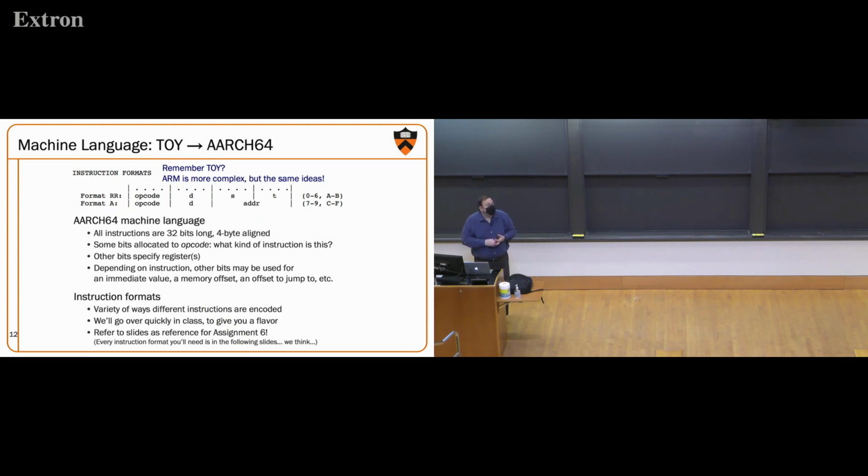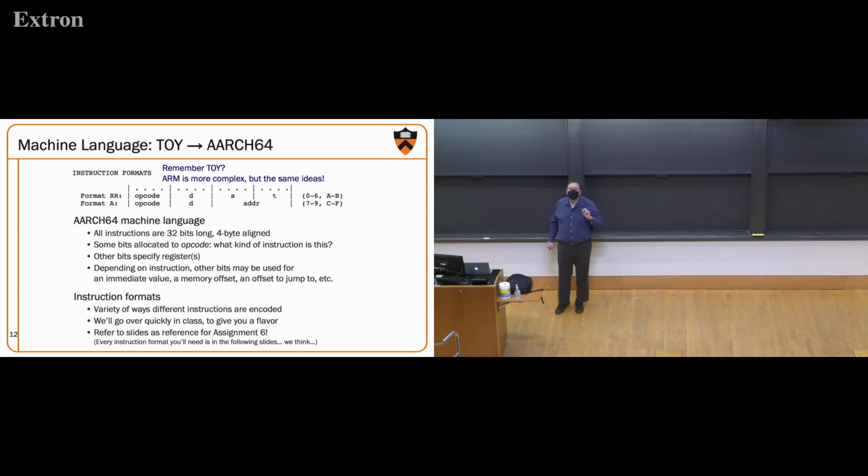So the machine language that we're going to be looking at has a couple of characteristics. One is that all of the instructions are exactly 32 bits long. Now, this isn't the case for, let's say, the x86, the Intel x86 64-bit architecture, the one used in Windows machines and things like that.